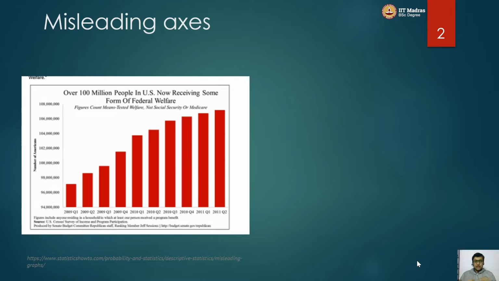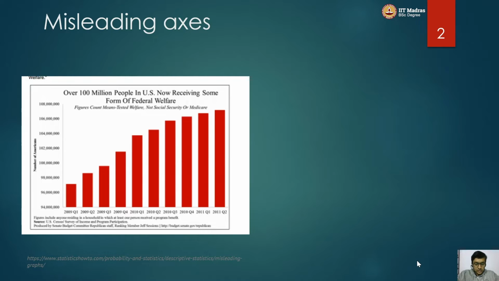Now let's see our first example. While summarizing data in a bar chart, you should take utmost care in setting the x-axis and y-axis. Now look at this bar chart. The chart shows the number of people in US receiving some form of federal welfare during the year 2009 till 2011 across different quarters.